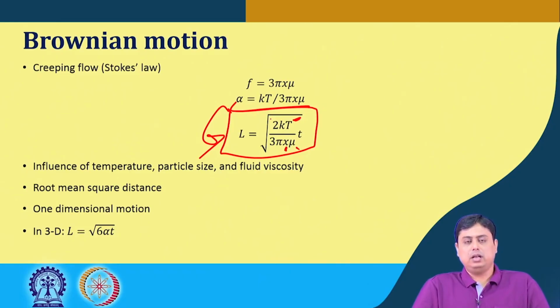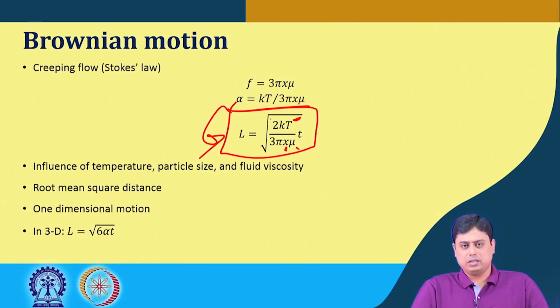It is indeed one dimensional motion, but in reality this is the 3-dimensional motion of the particles. But the reason this expression is important is that in sedimentation, our concern is to separate the solid particles, or the fine particles.